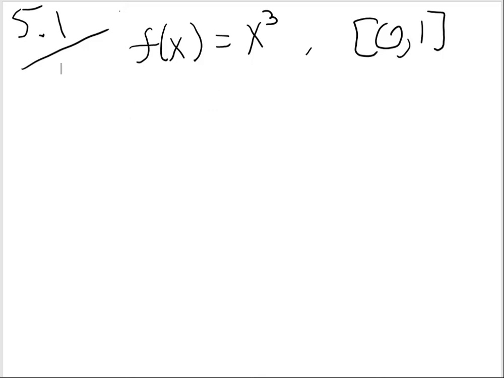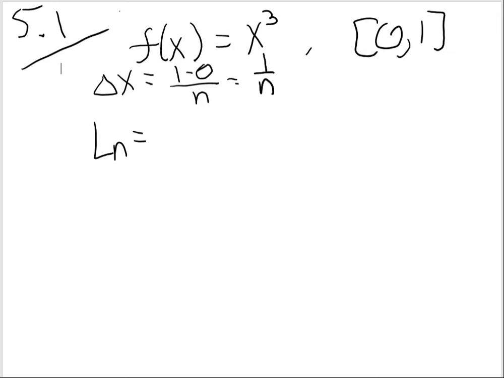So if we're trying to do it in the most general case for Ln, how did we get Ln? Well, we had our width, and that was the length of the interval divided by n, or 1 over n, if we're doing it in the most general way.